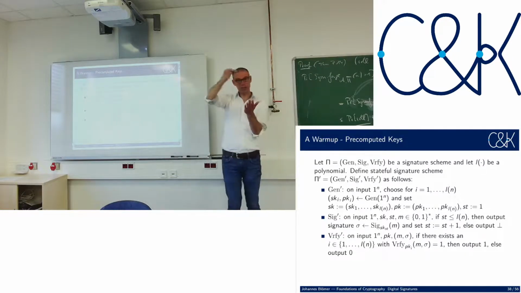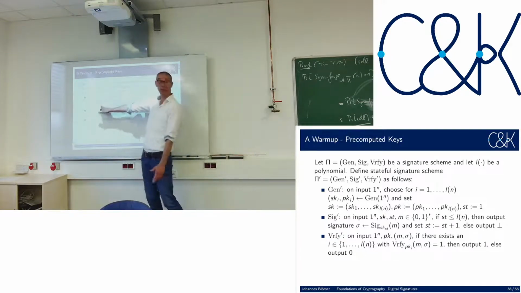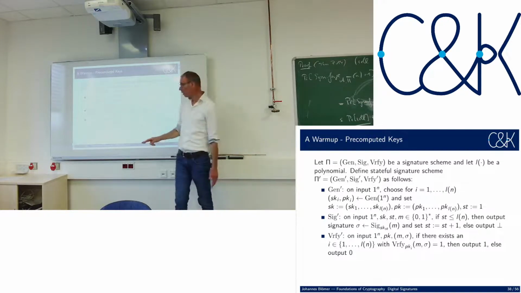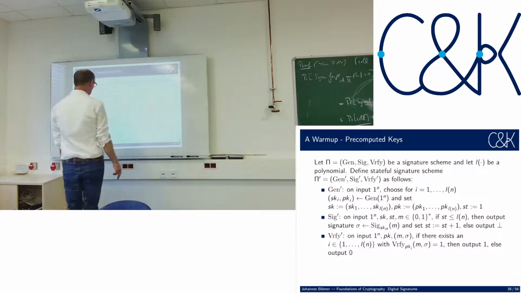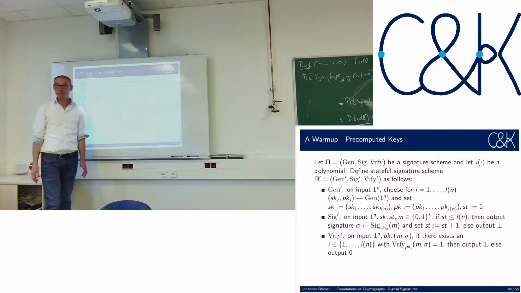So the signature that I next construct is the first one, and hence I use my first secret key. Then I increase the state by 1. And then I use the next secret key from my list, and so on.